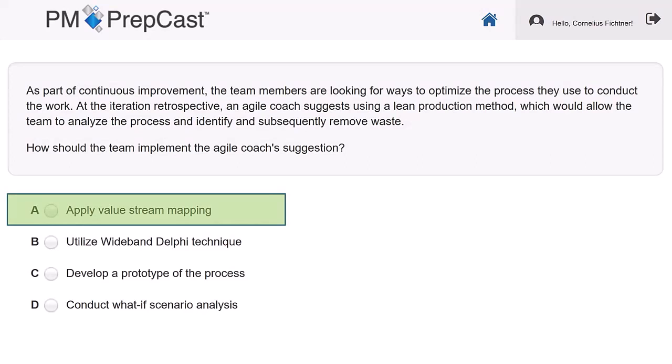In the context of this scenario, this method can help the team optimize their processes by analyzing, identifying, and subsequently removing waste from the project. And of course, establishing and periodically reviewing the processes that are used by the project team to conduct the work, that is part of continuous improvement efforts.